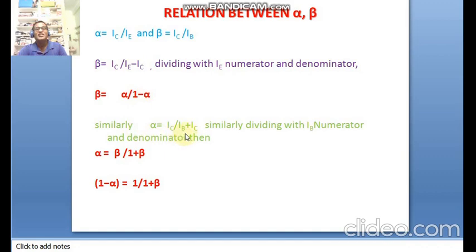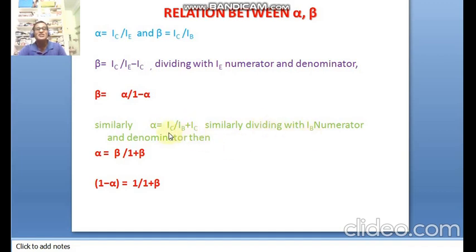alpha by 1 minus alpha. Similarly, alpha is equal to IC by IB plus IC, because here I am taking IC by IE. Instead of the IE value, I am substituting the value of IB plus IC. So similarly here I am dividing the numerator as well as the denominator with IB.